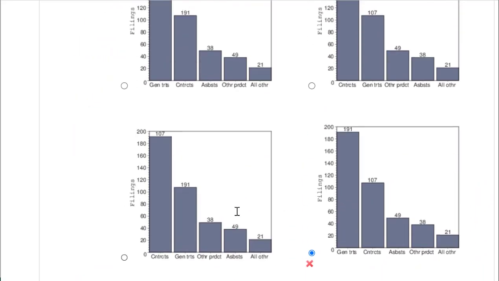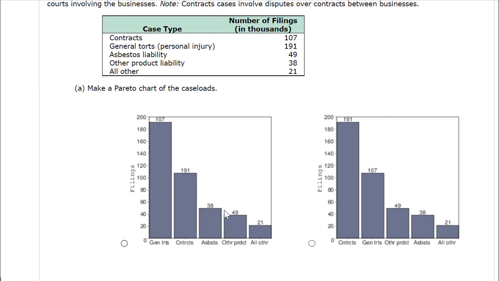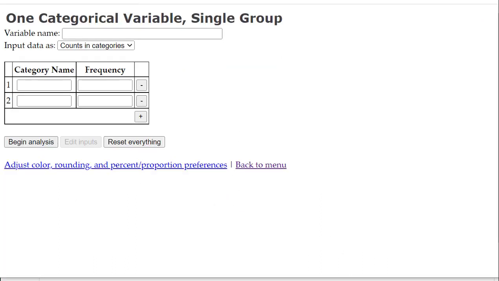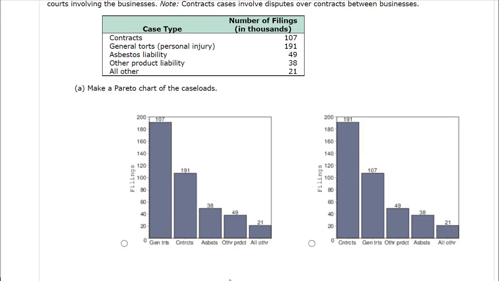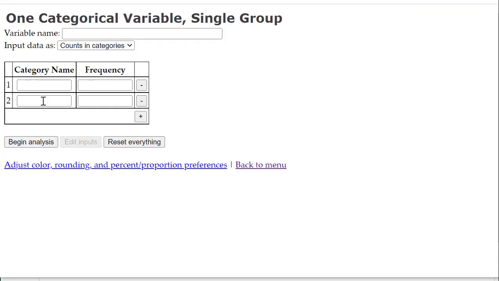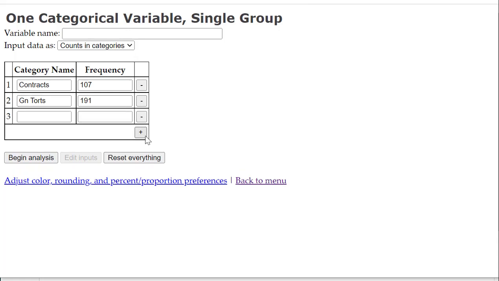So what I could do is I could take the one that I'm going to go ahead and do this because it'll tell me the percentages automatically. So general torts, actually, I don't need to do it in order, so that makes life a little bit easier. Contracts 107, general torts 191. Let me get rid of that dash in case it doesn't like that sort of thing.